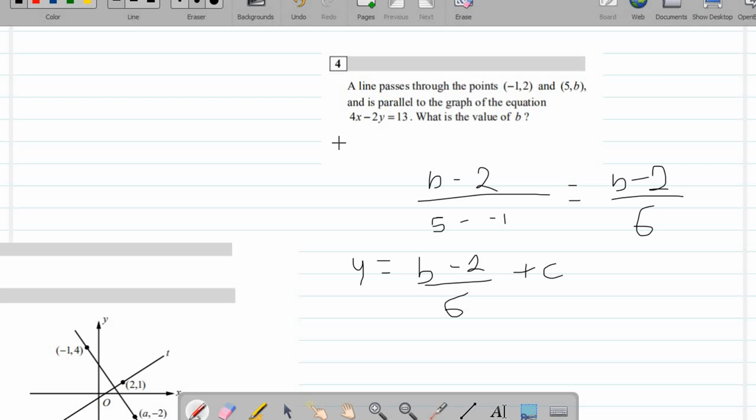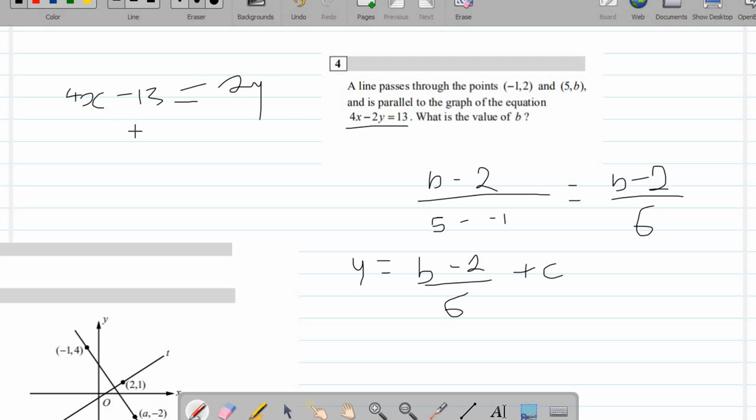Now from this formula, let's solve this out. Let's make y the subject of the formula. This one, you'll get 4x minus 13 is equal to 2y. Move it to the side.